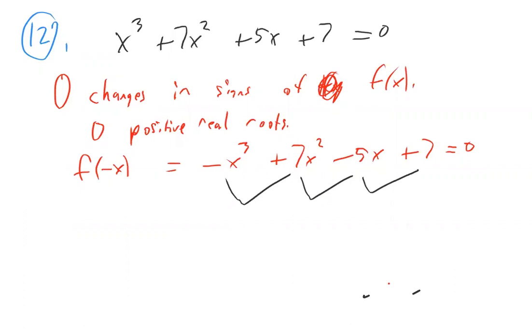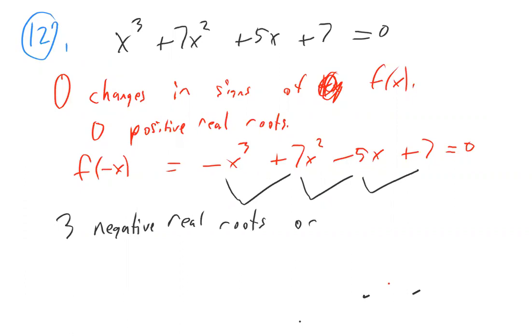So there could be 3 negative real roots, or sometimes within that number 3, 2 of them could be imaginary.